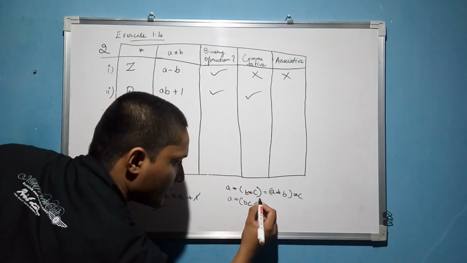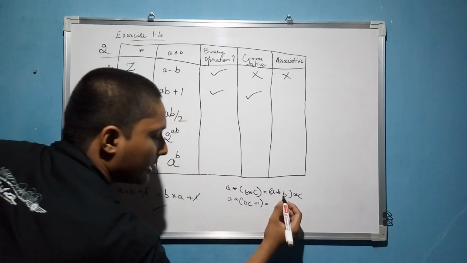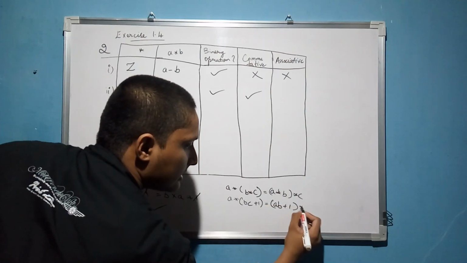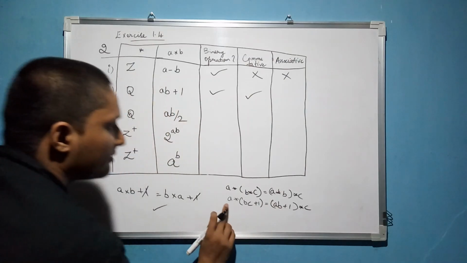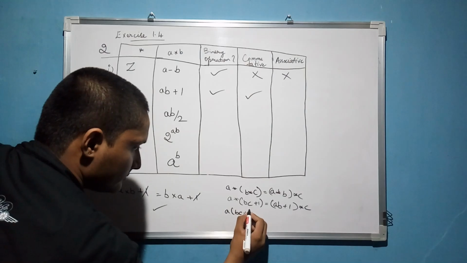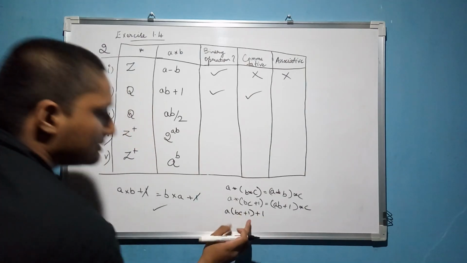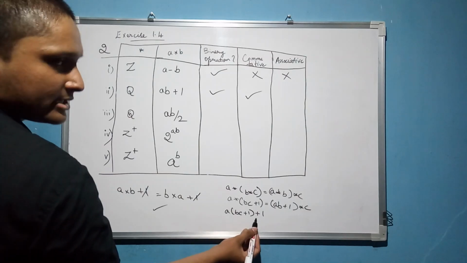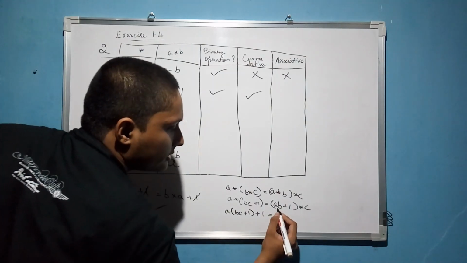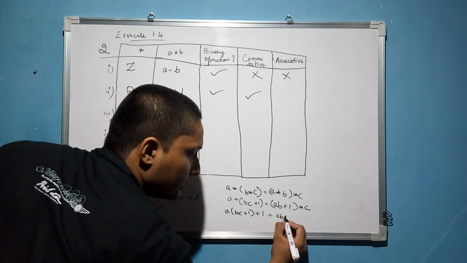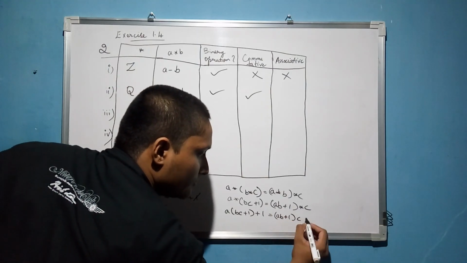So the left side is A star (BC plus 1), and the right side is (AB plus 1) star C. This comes to be A into (BC plus 1) plus 1. This is the first number, this is the second number, so first into second plus 1. The same thing I am going to do here: first into second, that is (AB plus 1) into C plus 1.